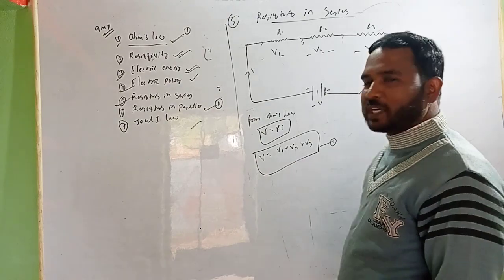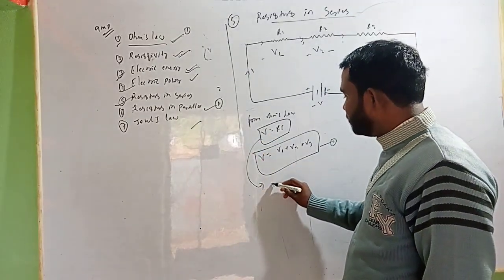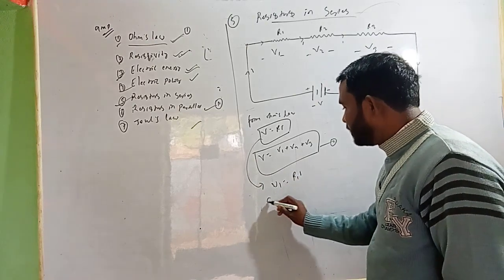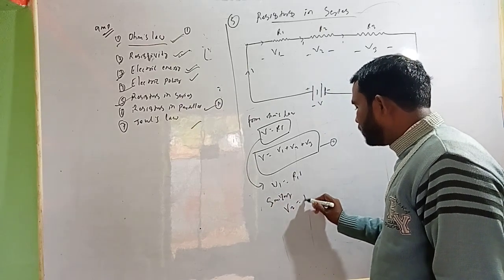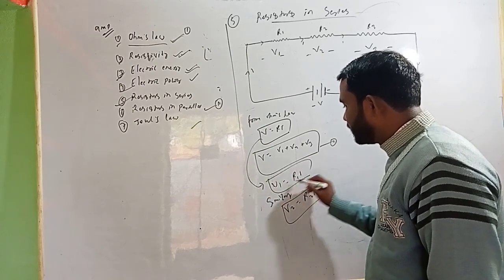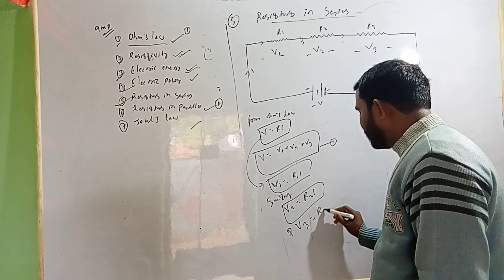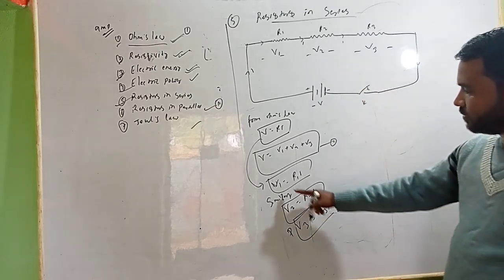Okay, but you have to find out the value of V1. So according to this formula, V1 equals R1 I. Can we write? Okay. Similarly, V2 equals R2 I, and V3 equals R3 I. Can we write? So you can see V1, V2, V3.